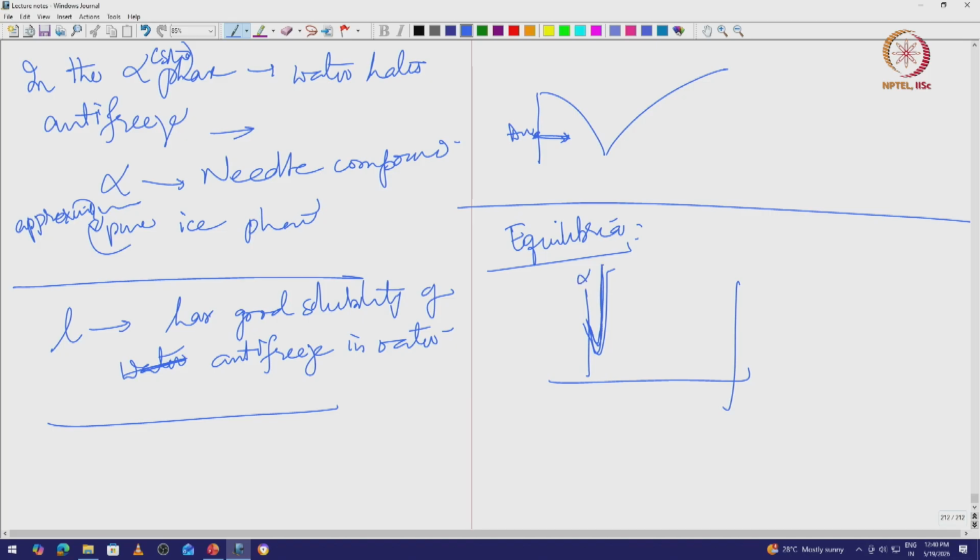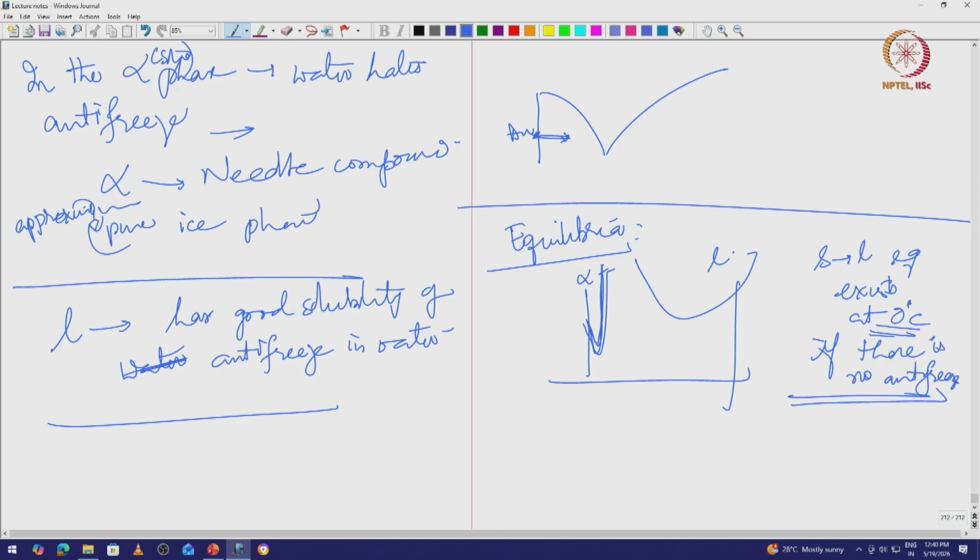So this is the alpha phase, this is the liquid phase, and I am going to look at solid liquid equilibria, and the solid liquid equilibrium exists at 0 degrees Celsius if there is no antifreeze. Okay. Now I have to depress this melting point. So I am going to look at the melting point of liquid contaminated with antifreeze.